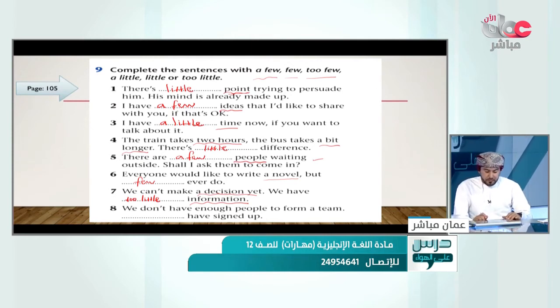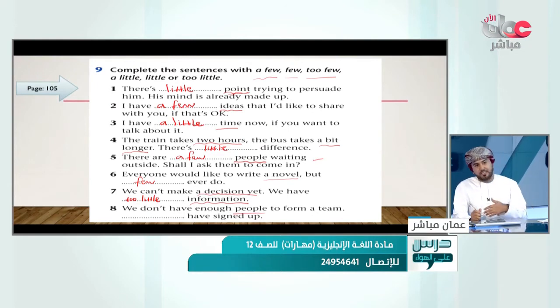The last one: we don't have enough people to form a team. So we want to play football, and we should form a team. But we don't have enough people, which means people is countable, and it's not completed.